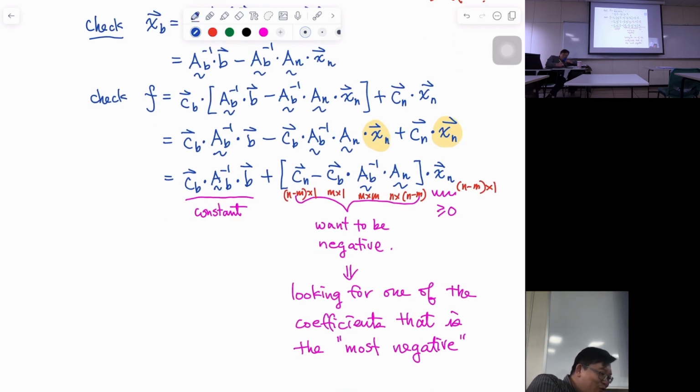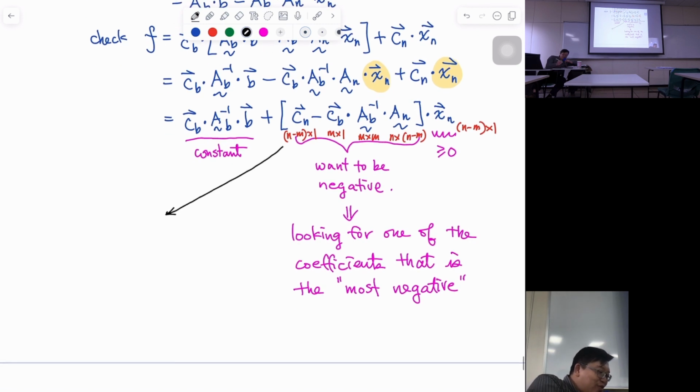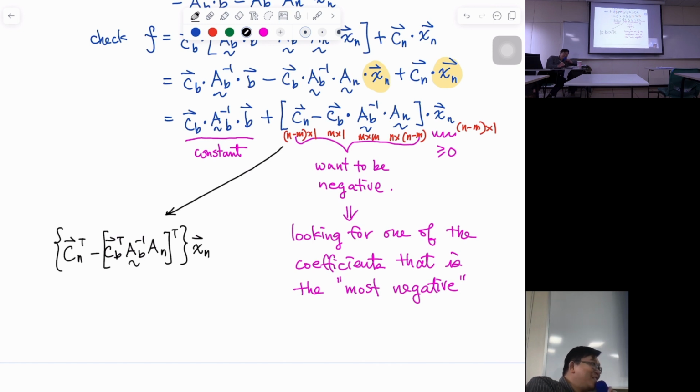So if I show you over here, if I use dot product, if I use transpose, then it's going to be CB transpose AB inverse AN, but the whole thing needs a transpose so that you can multiply with xn.